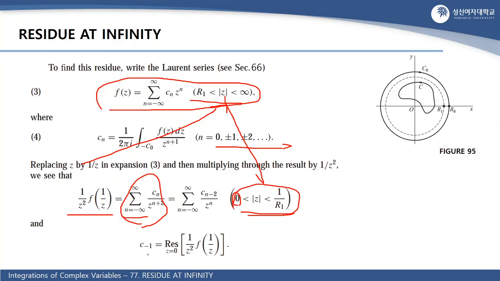And C negative 1 is equal to the residue of 1 over z squared times f of 1 over z at the point z equal to 0.